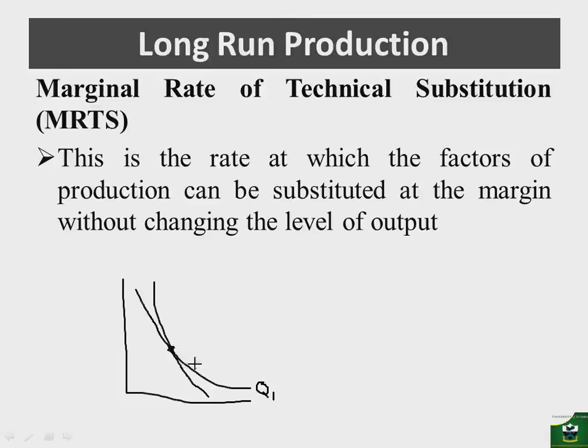If you draw your tangent here, and the line becomes tangent to the isoquant at this point, it means that the slope of the isoquant will be measured here using the marginal rate of technical substitution. So, simply put, the marginal rate of technical substitution is the slope of the isoquant.